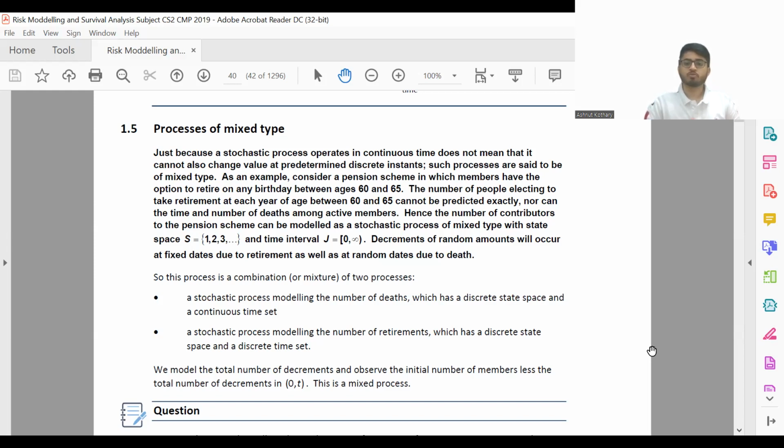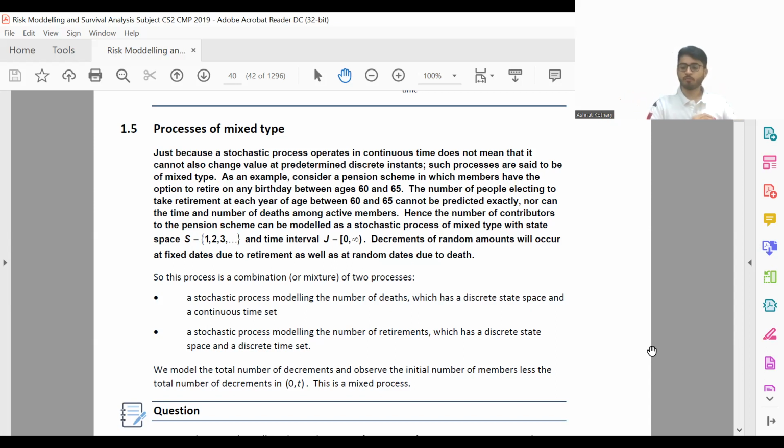Decrements of random amounts will occur at fixed dates due to retirement as well as at random dates due to death. So when I look at the decrements, or the number of people dying, people can die at any point of time, so this is operating in continuous time. But the people retiring will do so only at discrete points of time because here we are saying that they will retire on their birthdays, either at age 60 or 61 or 62 or 63 or 64 or 65.